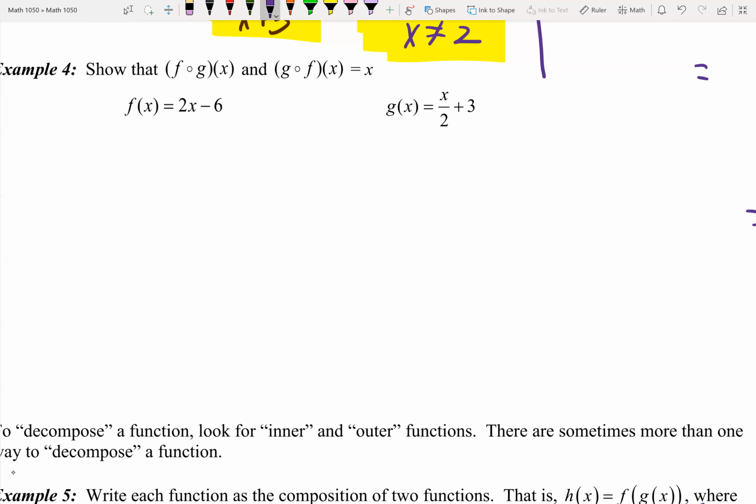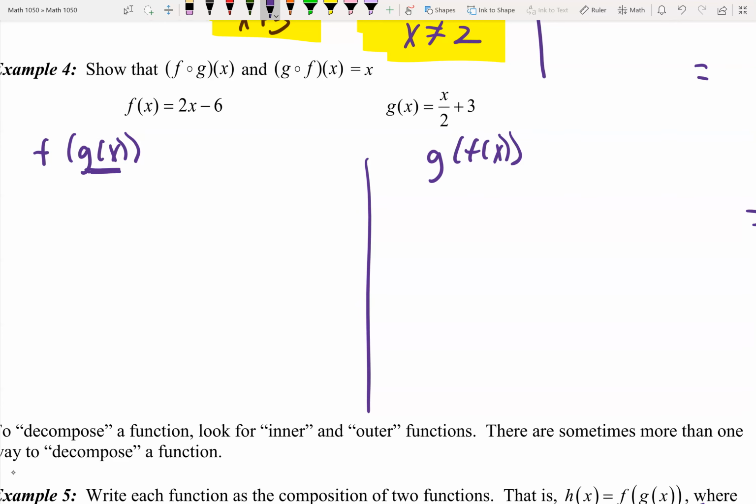Okay, let's do this. So this is f of g of x, and let's do g of f of x. So right here, replace g of x with what it is, which is x over 2 plus 3. By the way, it says show that they're both equal to x. So I know this is going to be an x, and I know this is going to be an x.